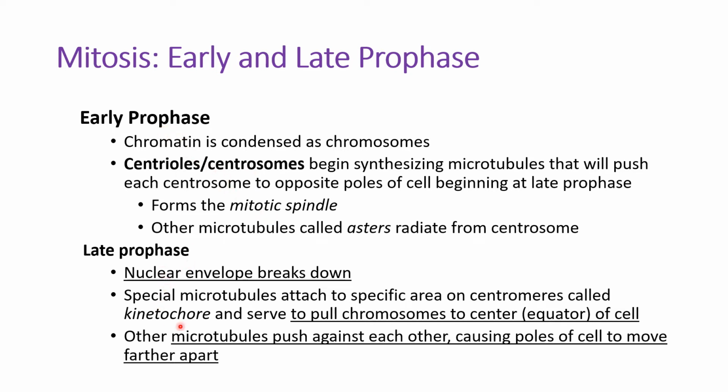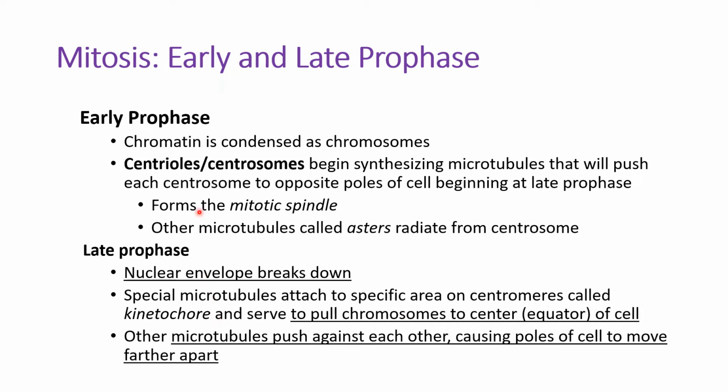Late prophase, what really marks this stage is that this is where you see the end of the nucleus. You see the nucleus breaking down. And at this point, we're going to start to see microtubules attaching to the kinetochores of the chromosomes, which are at some point going to start moving these chromosomes around.